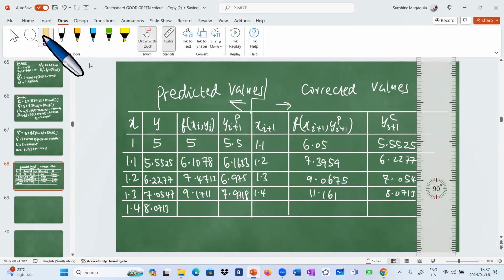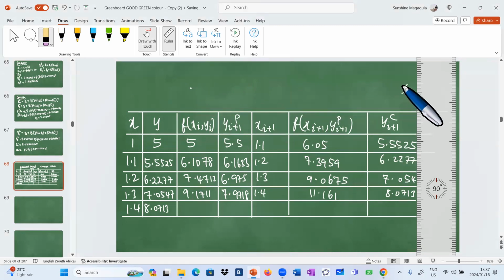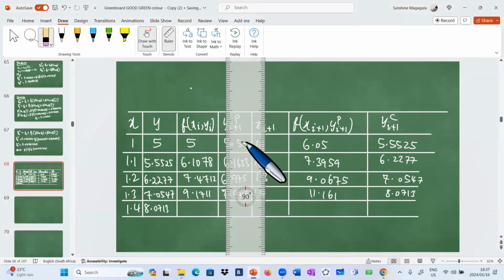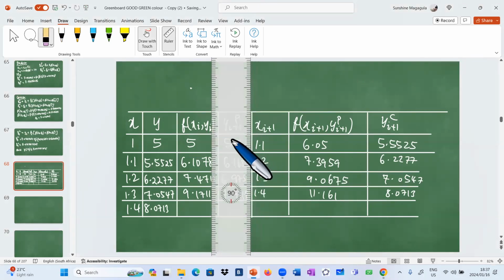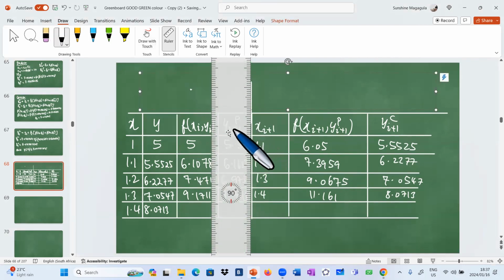If you like, you can just remove this. Do a division and divide this table into two parts that are symmetrical. And now the xi plus 1 for the corrector, and then you have the predictor as well.